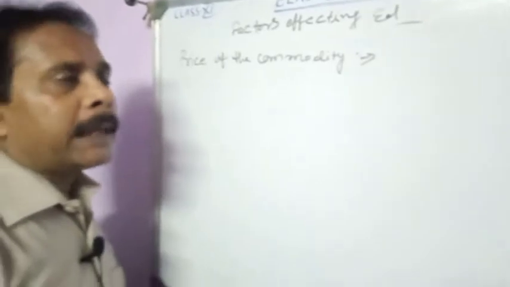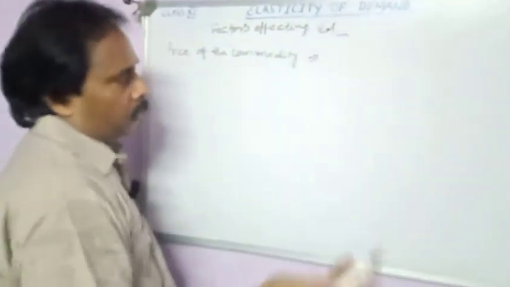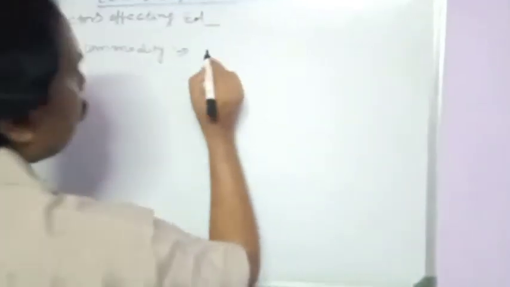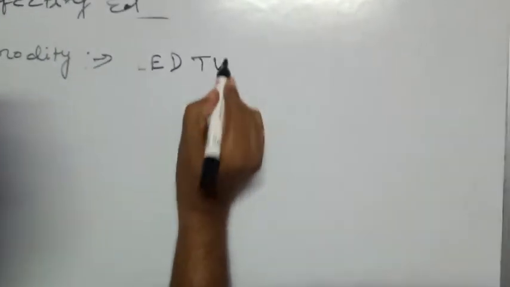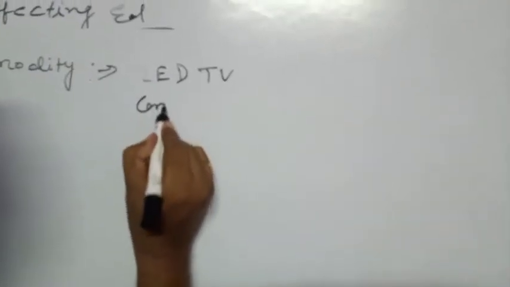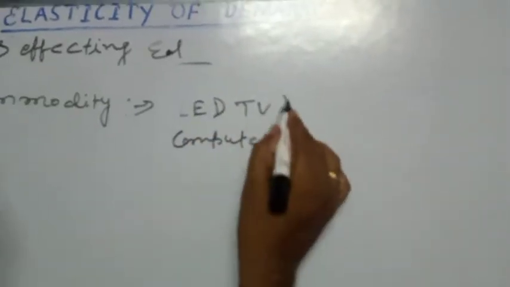One is the high price and the other is the low price. Low price and high price depend on different kinds of goods. So take here, suppose LED TV, computer and other luxurious goods.